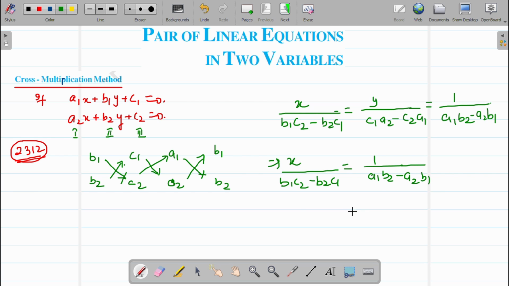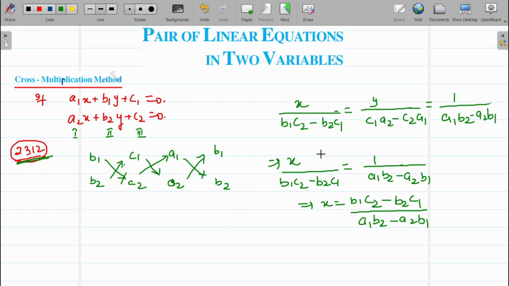So that ultimately implies x is equal to b1 c2, the product of the coefficient of y in the first equation and the constant in the second equation, minus b2 c1, coefficient of y in the second equation and constant in the first equation, upon a1 b2 minus a2 b1. You can remember this formula or remember 2 3 1 2 and make the things like this.